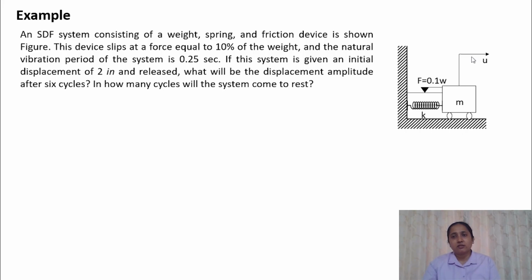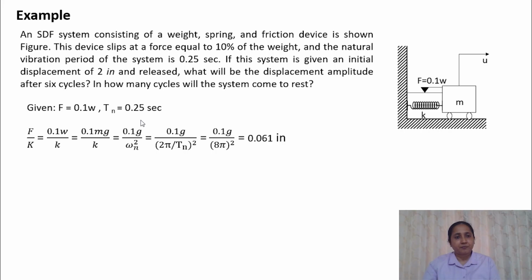Now let's solve this problem. It's already given that the friction force is equal to 10% of the weight of the system. So F is equal to 0.1 W, where W is equal to mass multiplied by gravitational acceleration. The natural period of the system is also given, 0.25 seconds.